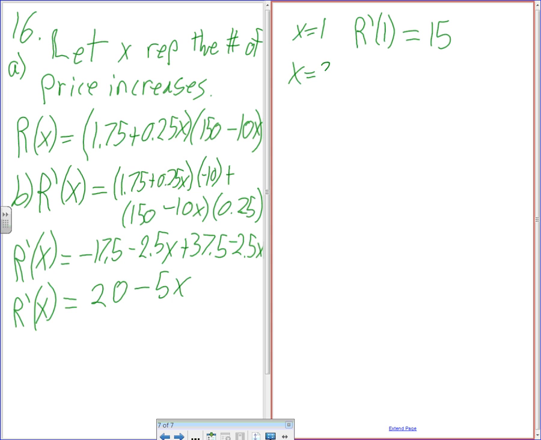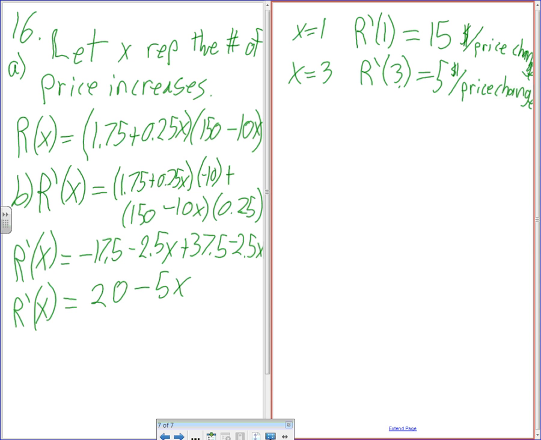So then that's 75 cents. x equals 3. R prime of 3 equals, this would be like dollars per price change. And at 3, it would be $5 per price change.